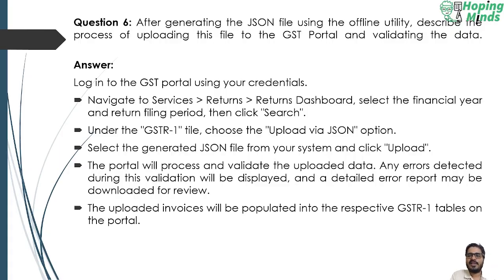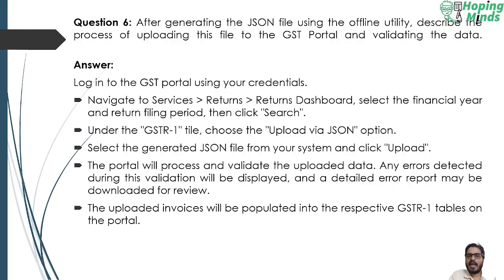Once the JSON file that we have generated is selected and uploaded, the portal will process and validate the uploaded data. If there are some errors at the time of validation, the processing will be completed with an error, and that error is required to be complied with, and we have to then again repeat the entire procedure.